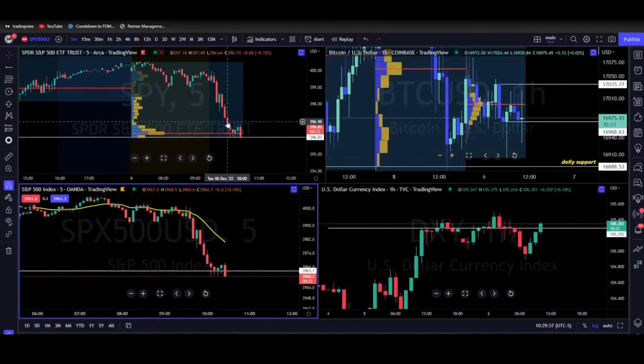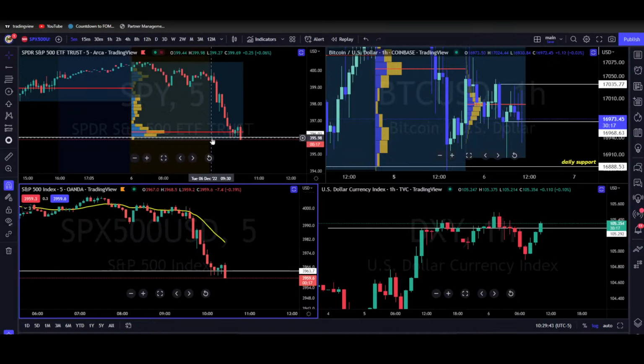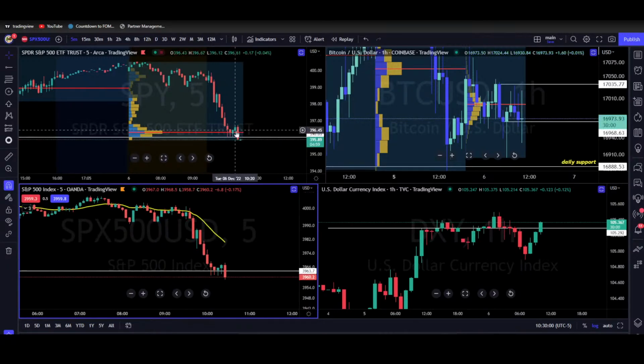Got a fresh low on the SPY. Yuck. I can't imagine people would be selling there. I mean, I know retail loves to sell the lows. And there's a lot of traders on YouTube that do stupid stuff like this.